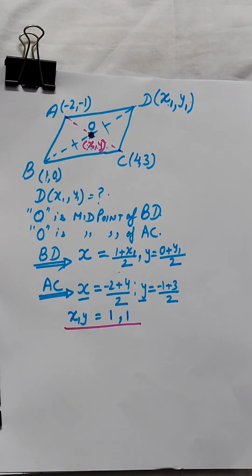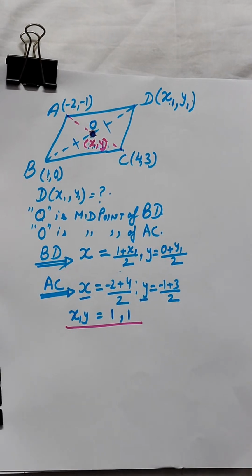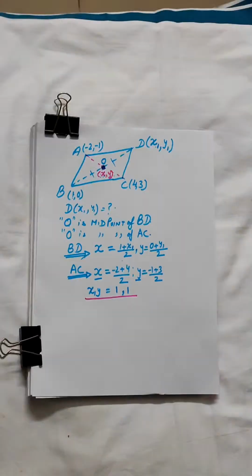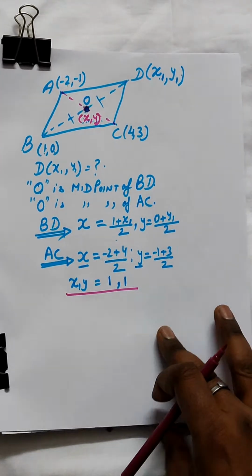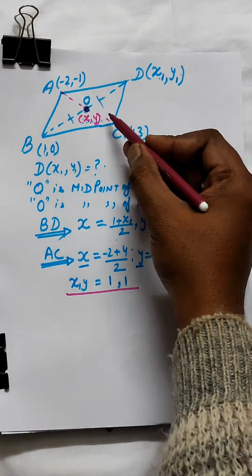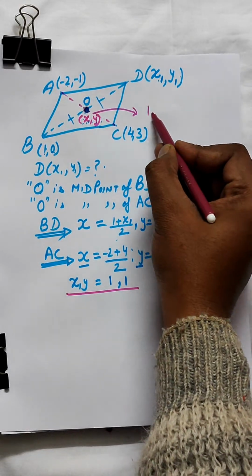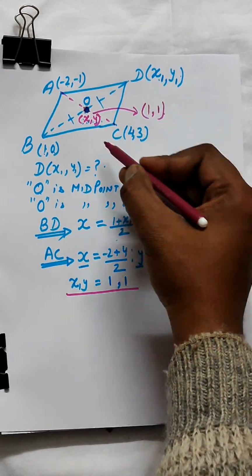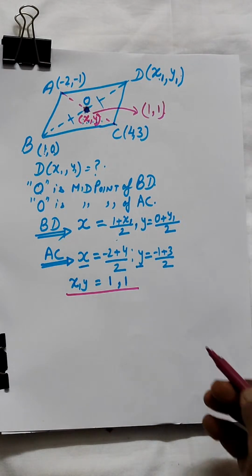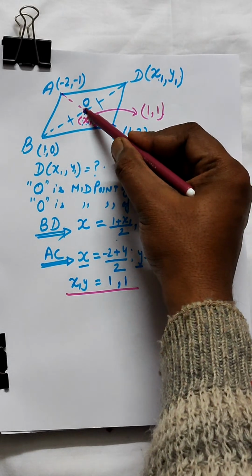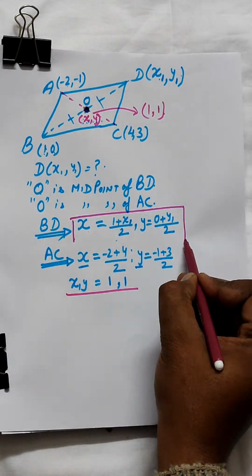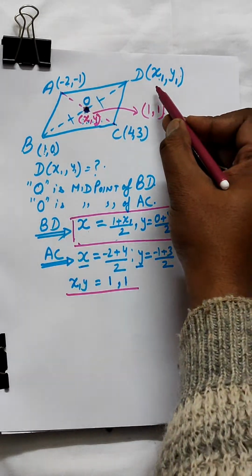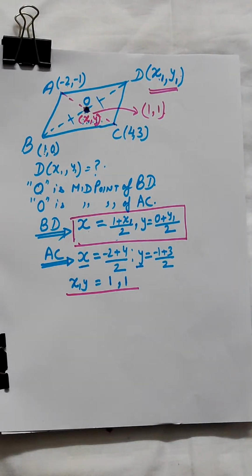The value of x and y is calculated as 1 and 1. That is the point of intersection of the diagonals. Now, if this point is known, just put this value of x and y over here to get the value of x1, y1, right?